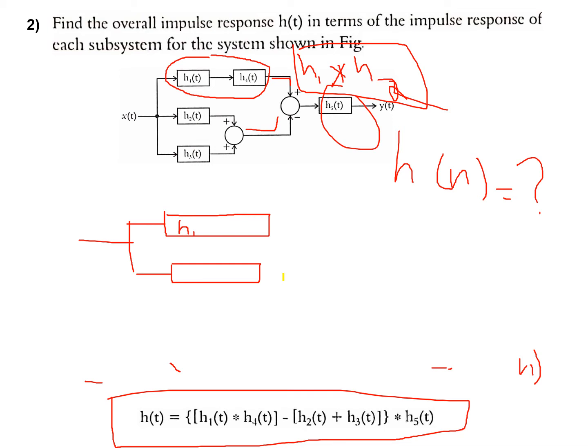So it is convolution, H2, so here it is H2 plus H3 because they are parallel, no? Therefore plus. See the difference: it is plus here because they are parallel, it is convolution here because they are in cascade.